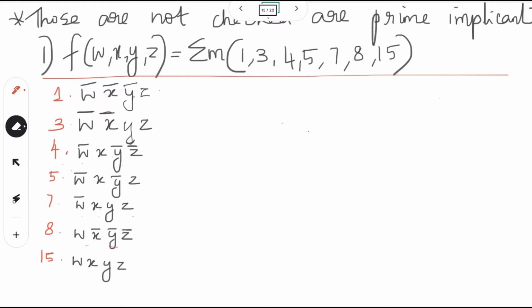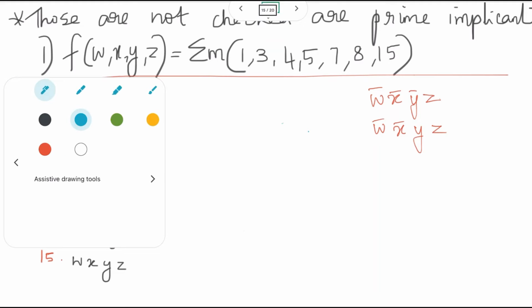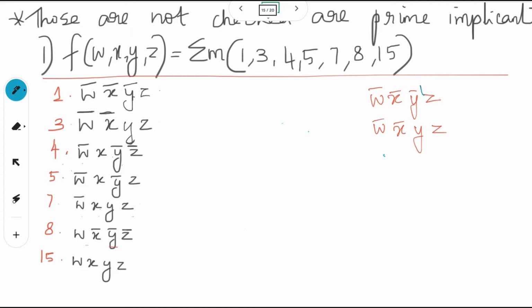So consider 1 and 3. When you consider 1 and 3, it is equivalent to W bar, X bar, Y bar, Z and W bar, X bar, Y, Z. So it is varying in one of the literals, that is Y bar, and this will get cancelled.